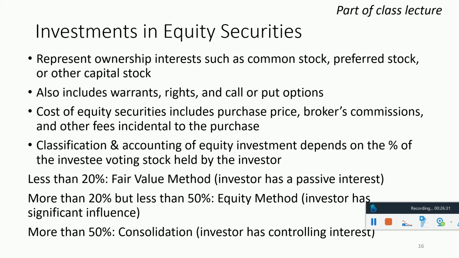When the investment is more than 20% but less than 50%, the equity method is used, and between a 20 and a 50% ownership interest, it is assumed that the investor has significant influence. And then finally, if an investment in equity security is more than 50%, that requires consolidation. In that situation, an investor has a controlling interest because they own more than 50% of the company.